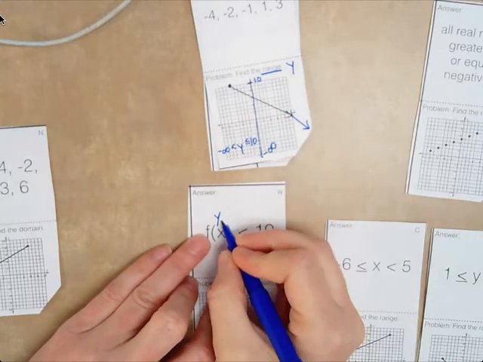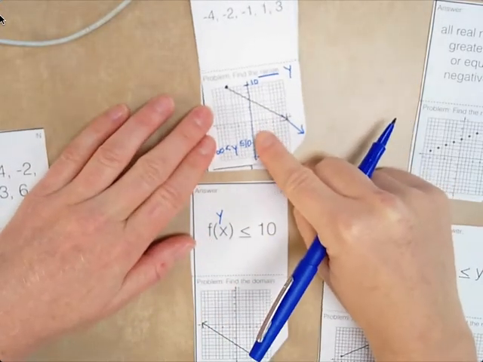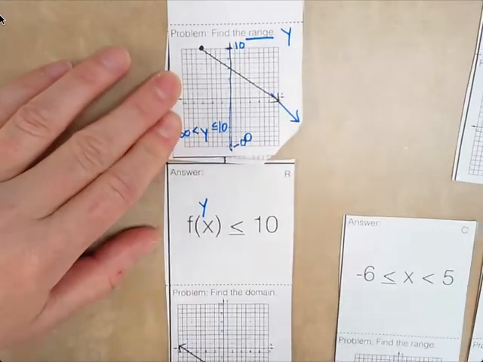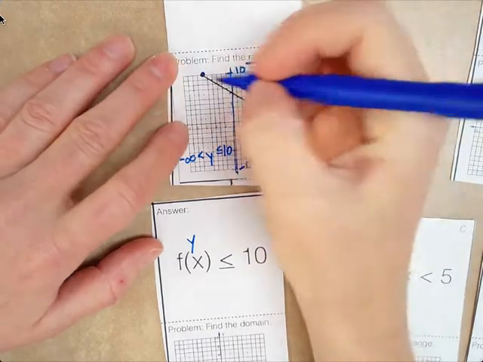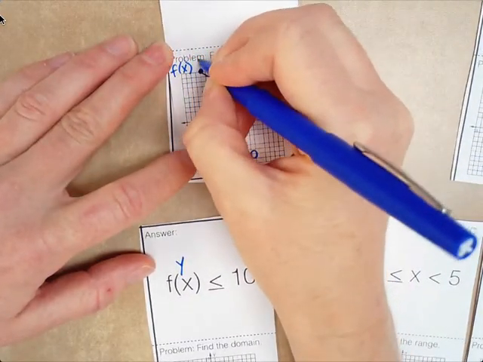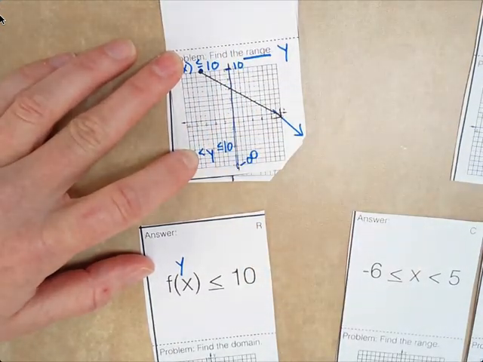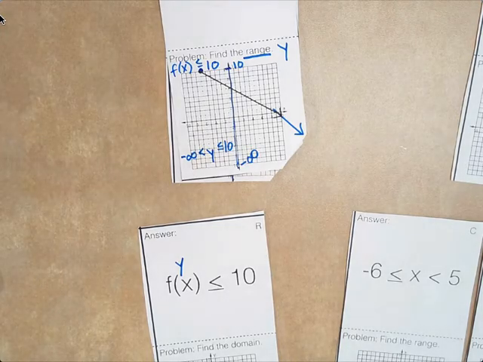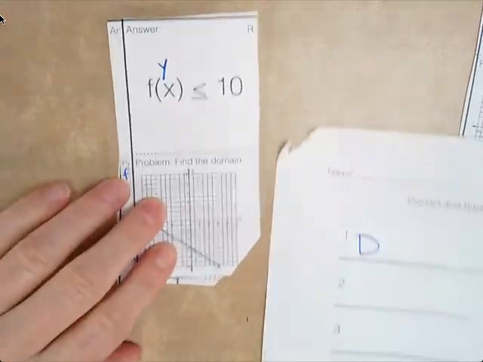So this is saying y is less than or equal to 10. Is that true here? Is y less than or equal to 10? Yep, because it's at 10 and it's going less than. So put f of x less than or equal to 10. So that means your next one is R.